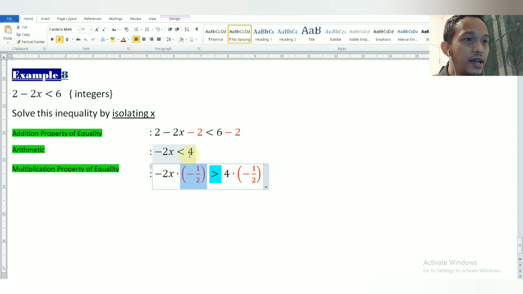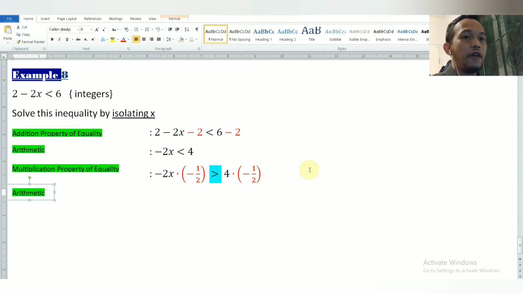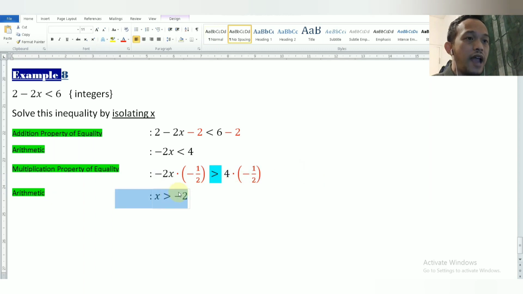Be careful: since you multiply both members by a negative, you reverse the sign. Before it is less than, it becomes greater than, only by multiplying or dividing by negative numbers. That is the key point for example 8. In the end, after you multiply, it becomes x is greater than negative 2.